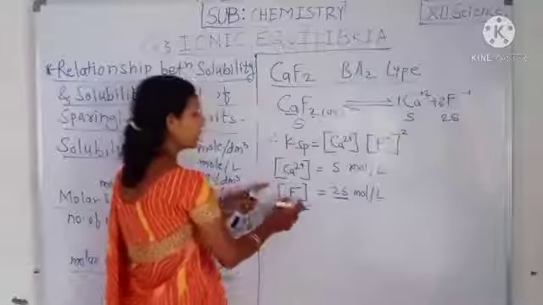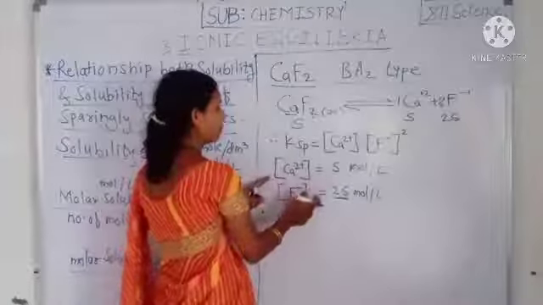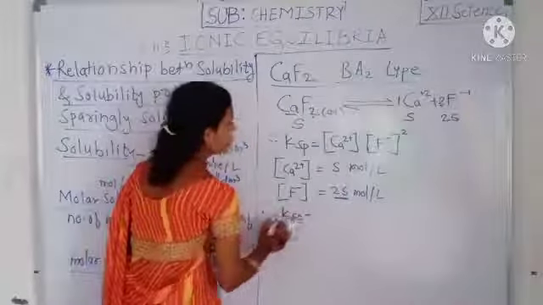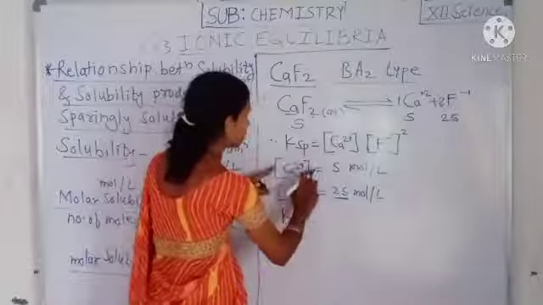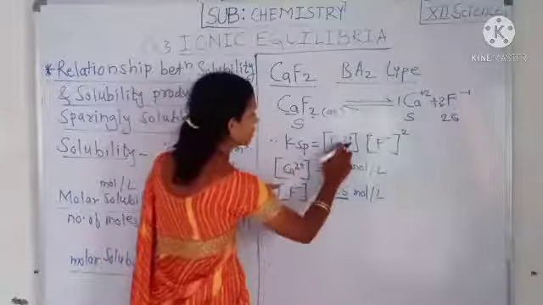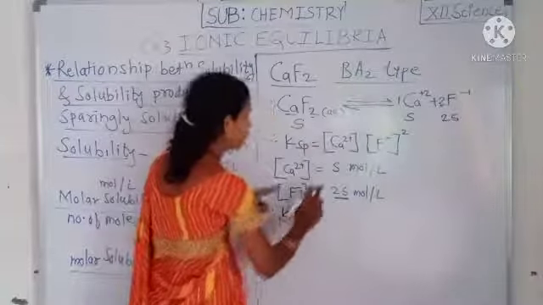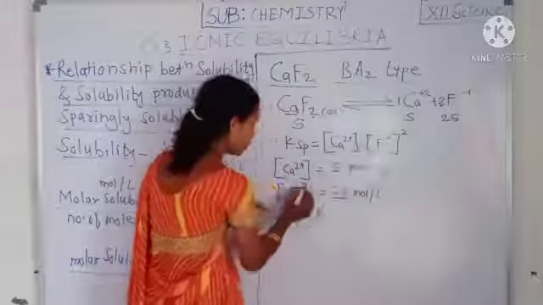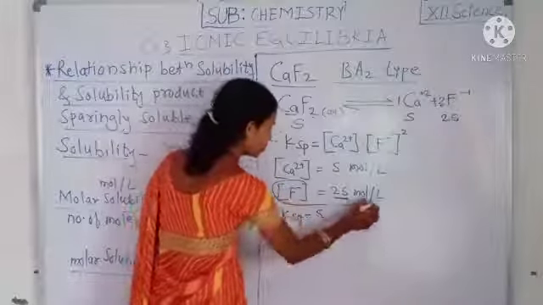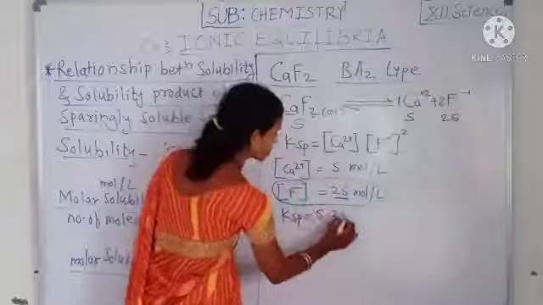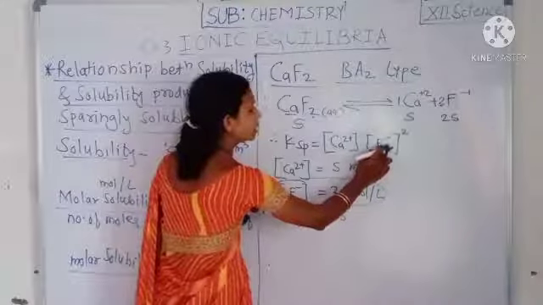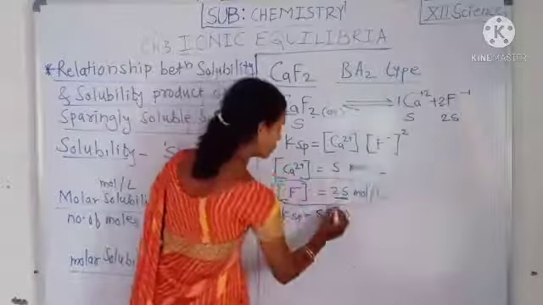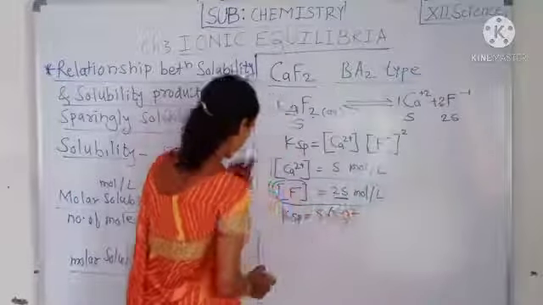Therefore, putting the values in this equation, Ksp is equal to the concentration of Ca2+ ion, that is S, into the concentration of F- ion, that is 2S, but in this equation 2S is raised to 2.